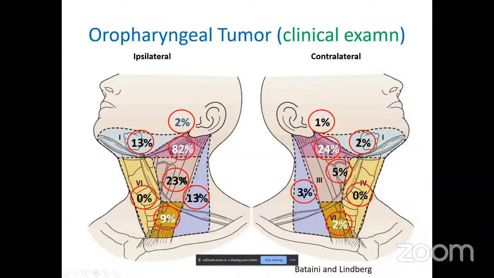So if it is clinically node negative, it is important to treat at least level 2, level 3, and most of the time we also include level 4 for oropharyngeal tumor, for some obvious reason that we know that the oropharyngeal tumors metastasize to these levels.